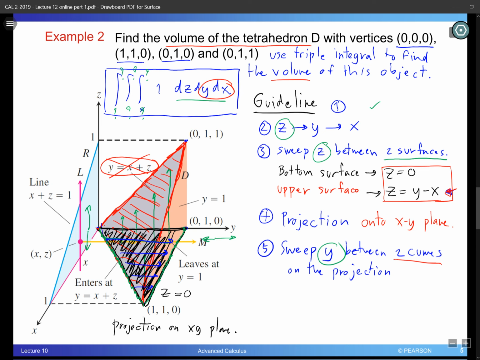So we can say that the left curve, even though this is a straight line here, I'm going to call it a curve. The left curve is going to be this line, y equals x. As you can see here, just take a look at this on the xy plane. This is definitely the line y equals x.